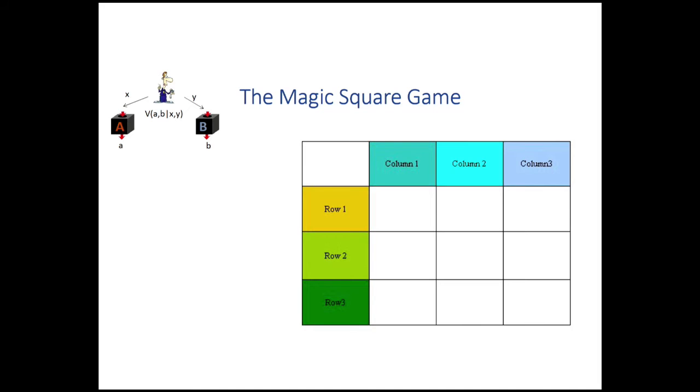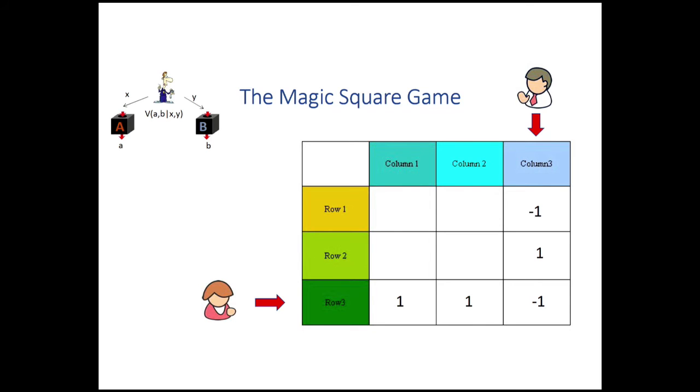And the classical referee passes, at the beginning of the game, Alice and Bob imagine this 3x3 square in their head, and the referee passes them questions. The questions will be, for Alice, he'll tell Alice a row, and for Bob, he'll tell Bob a column. And their job is to report as answers, classical string answers, for Alice to report 3 ones or negative ones that fill in the row, and Bob's job is to report 3 ones or negative ones that fill in the column.